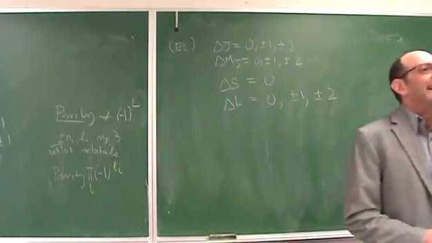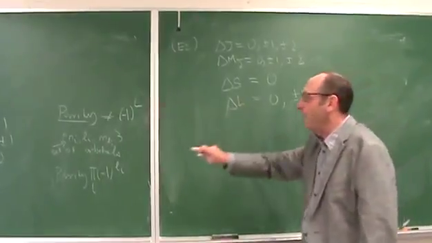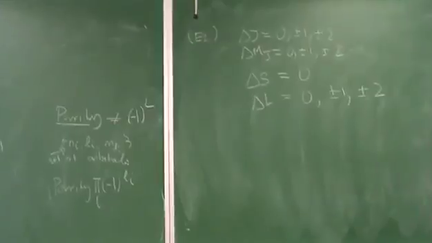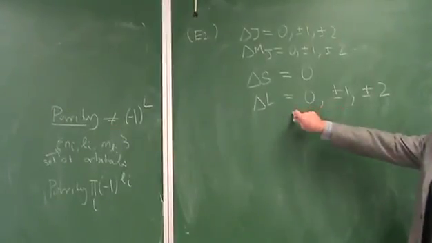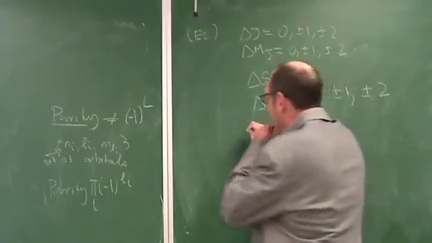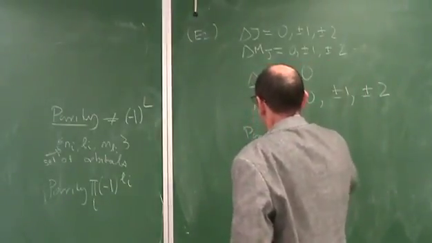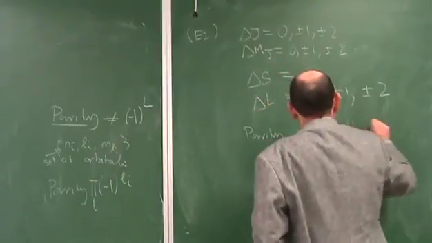The parity is not determined by the total angular momentum. The parity is determined by the particular orbitals that make up this total L. So there is a separate, additional rule which says parity must not change.